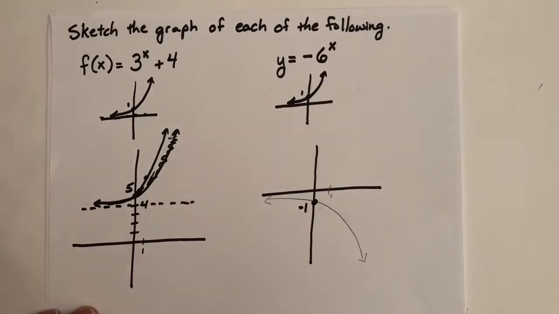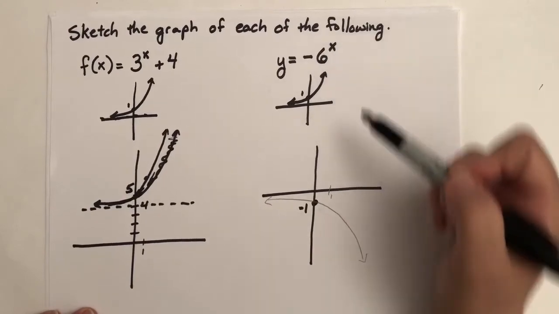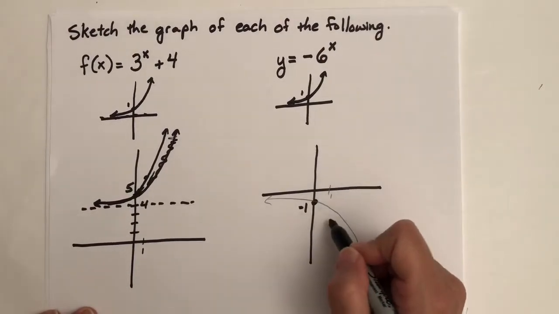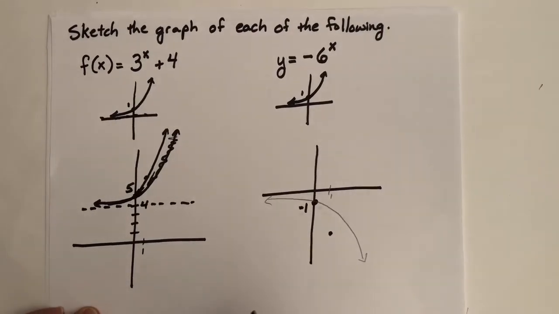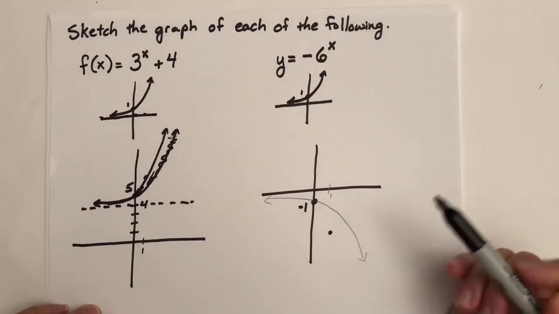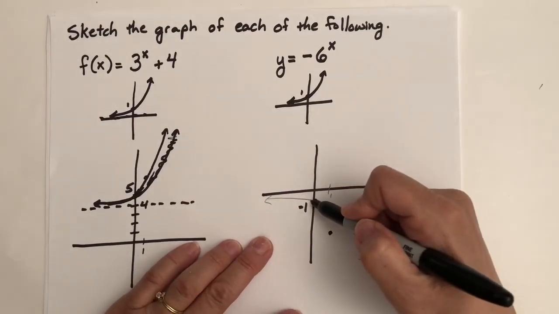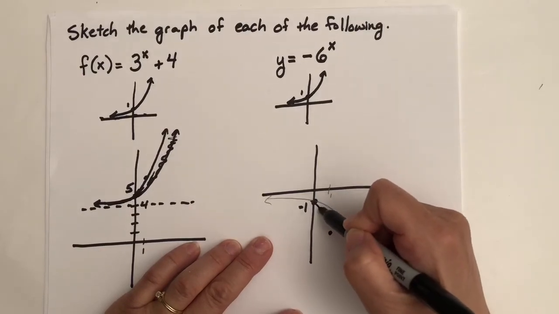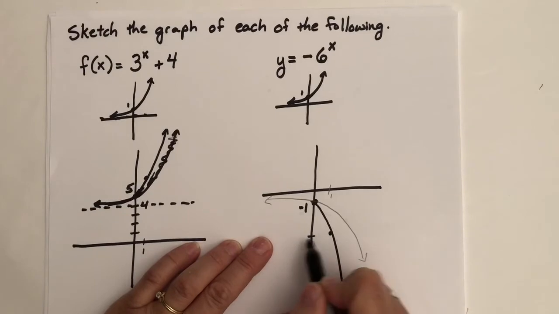And if you put in 1 into the function, the opposite of 6 to the first power is negative 6. Maybe we would put the point down here. Oh, maybe I should make it a little bit steeper because my base is a 6, not a 2 or a 3. So I'm going to refine my graph and make it look more like this. And here was my negative 6.